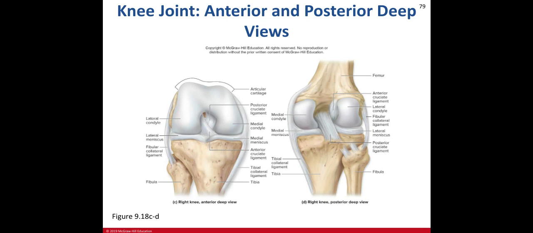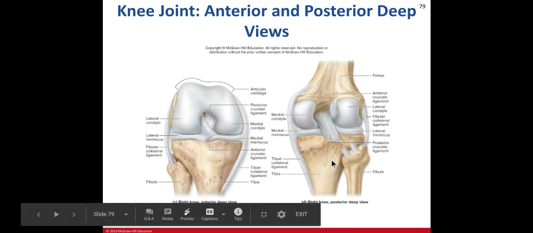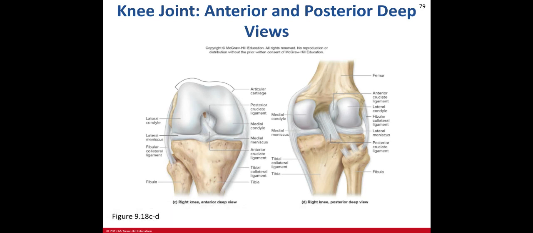Really, what we want to do is take away all that outside stuff and look at the anterior and posterior, deep inside those articulating cartilage places. So of course, we've got your femur and you've got the condyles there, and you've got your tibia and the condyles there.